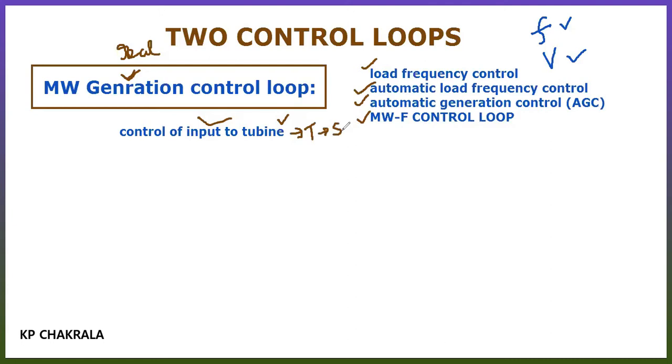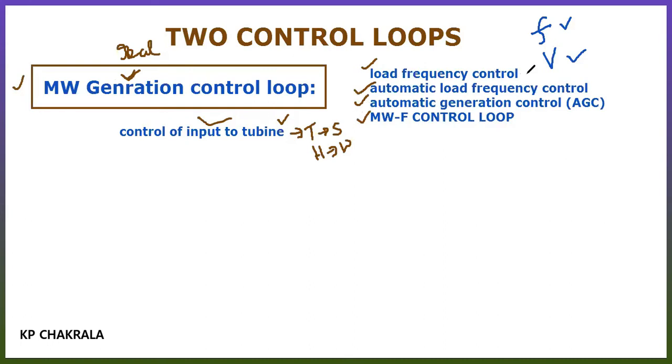By controlling the steam to the turbine, you can control the output of the alternator. And if we consider a hydel power plant, then the input to the turbine is water. Control of input to the turbine directly controls the generation from the alternator. In this manner, you can control the real power generation by using this control loop.